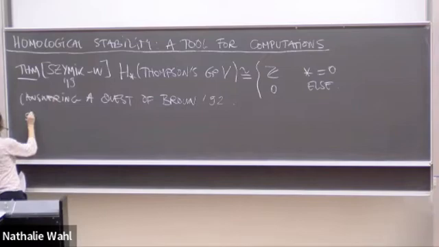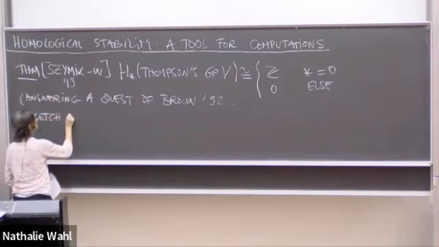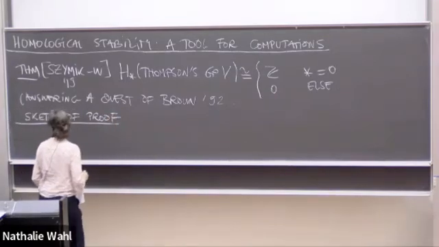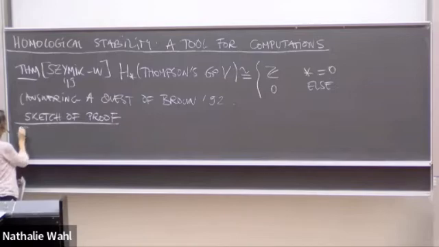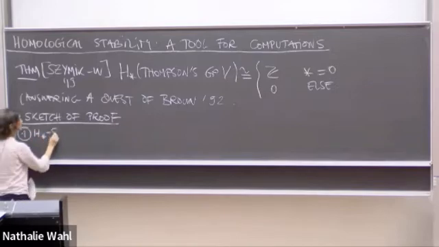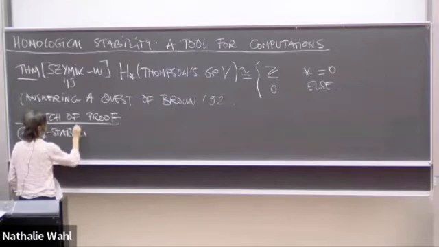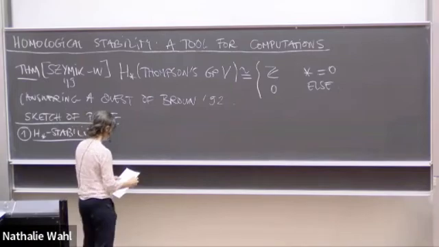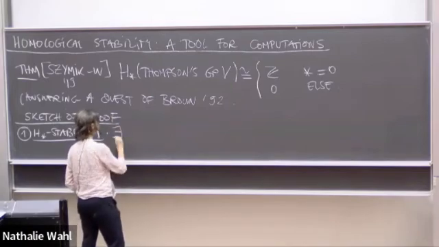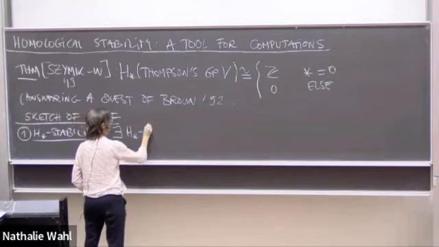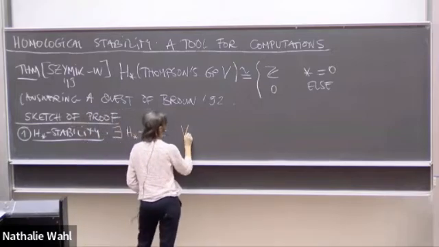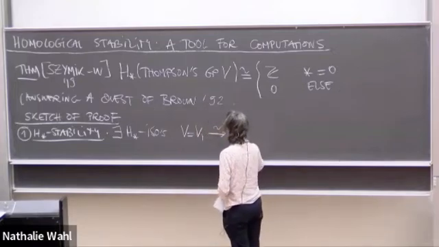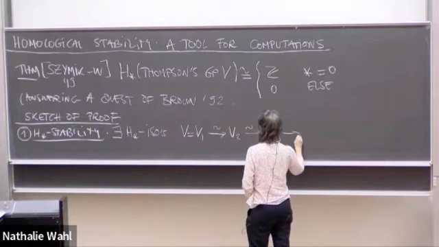Here's a sketch of proof. And the proof goes in 2 steps. The first one is a homological stability, which will be to consider the group V as part of a family. So there exist homology isomorphisms from V, which I'll think of as V1 in a family of groups, going to a certain group V2, V3, and so on.